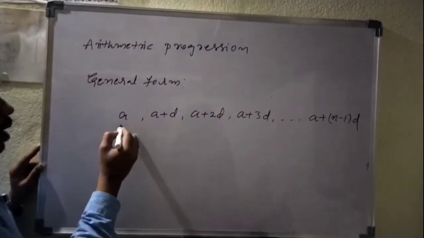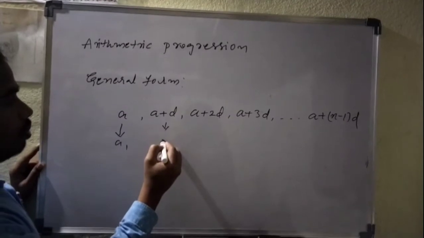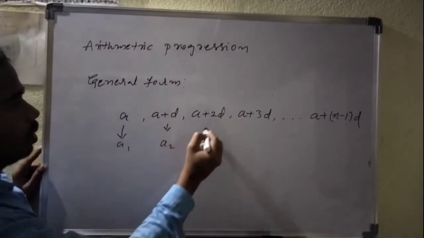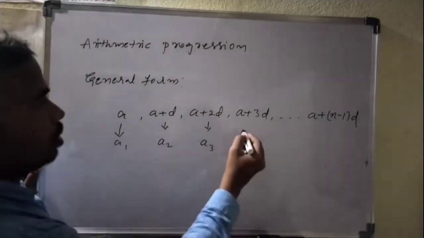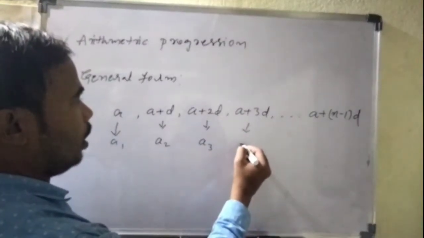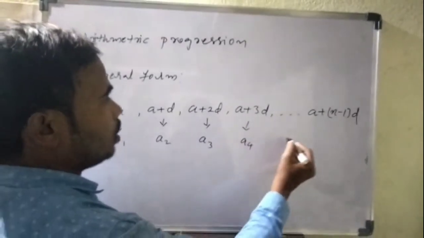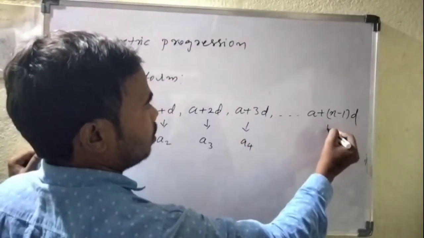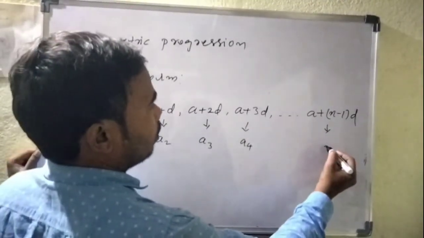Here a means first term, a plus d means second term, a plus 2d is third term, and a plus 3d is fourth term. So a plus n minus 1 d, which term is it? Nth term.